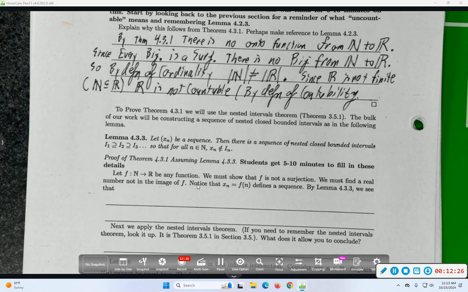Yeah, so I'm going to add a little clause here: if I is a sequence of closed bounded intervals, and the thing you said, then there's something in the infinite intersection. So that's the nested intervals theorem. We'll use that.